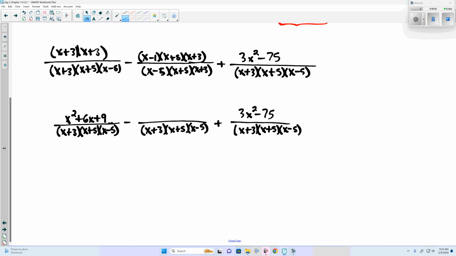The next one, we need to just pick two of them, either x minus 1 and x plus 5, or x plus 5 and x plus 3. Doesn't matter which ones we pick. I'm going to leave the x minus 1 for later. But the other one, our x plus 5 and x plus 3 will multiply together to give us x squared plus 8x plus 15.